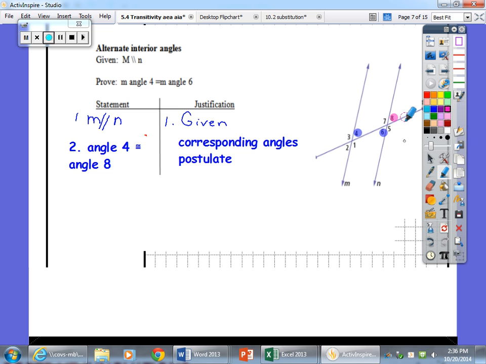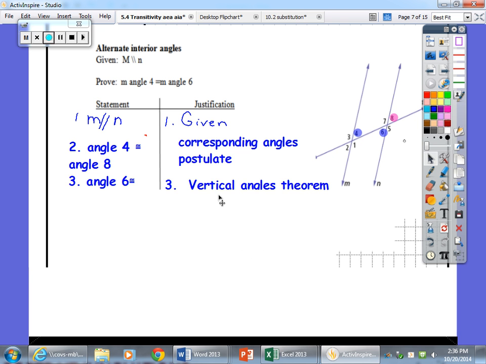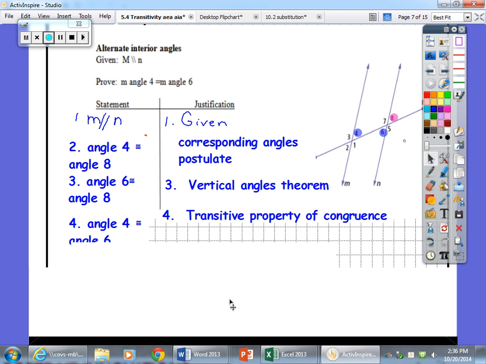I wanted to get to the other set of parallel lines, so I said that angle 4 is congruent to 8 by the corresponding angles postulate. And I said that angle 6 is congruent to 8 by the vertical angles theorem. And then I used the good old transitive property again to say that angle 4 is congruent to angle 6.